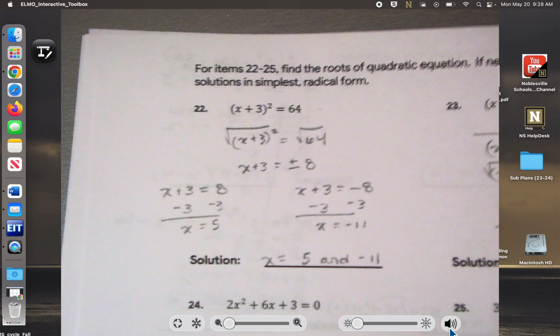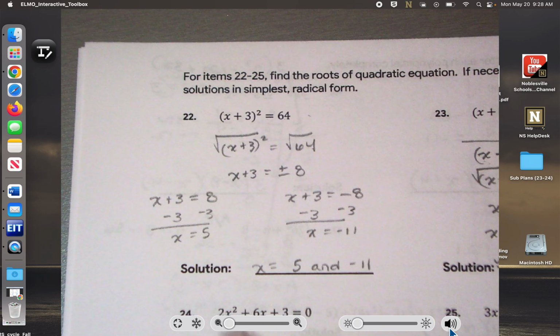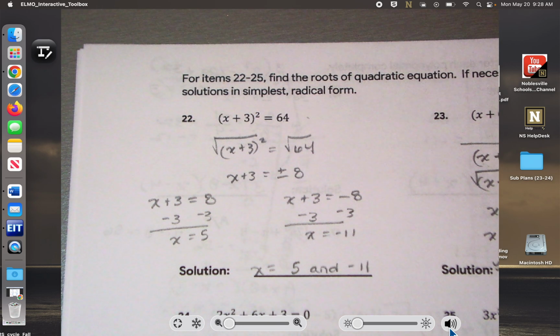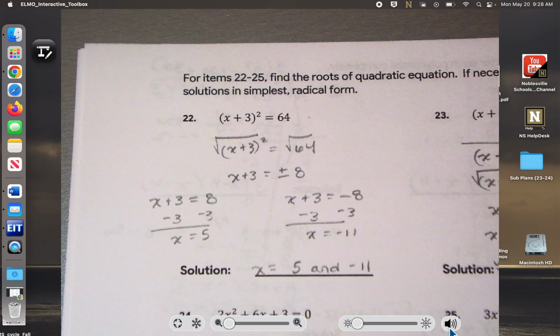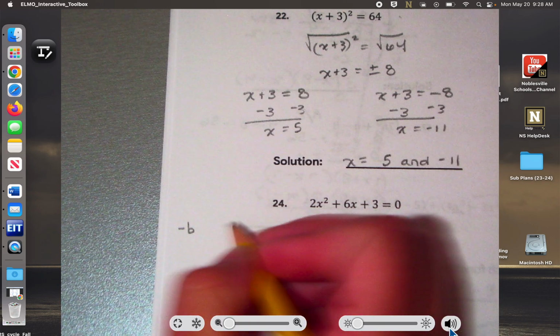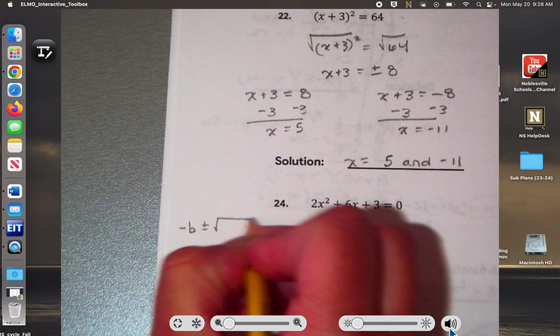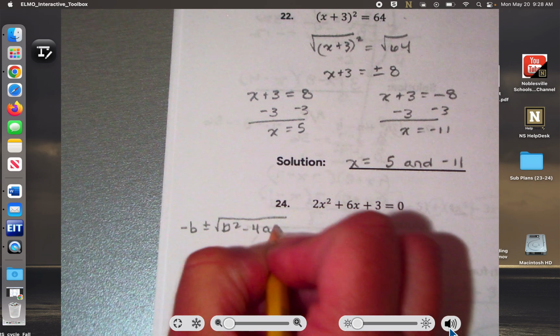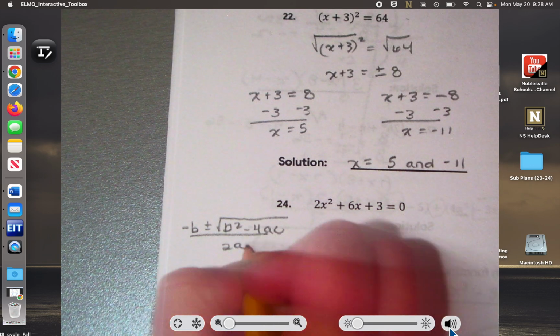For number 24, similar situation here. This one, though, I can't use the AC method, I can't use the square root method, I can't use anything except your favorite, the quadratic formula. Opposite of b plus or minus the square root of b squared minus 4ac, all over 2a.